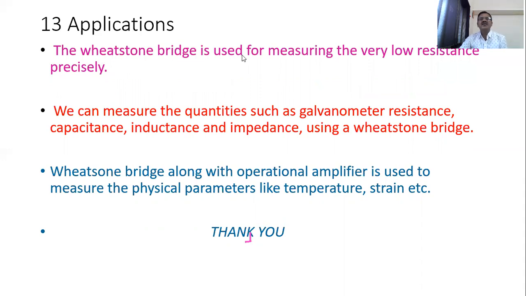Let's see the applications of this Wheatstone bridge. The Wheatstone bridge is used for measuring very low resistance precisely. We can measure quantities such as galvanometer resistance, capacitance, inductance and impedance using a Wheatstone bridge.